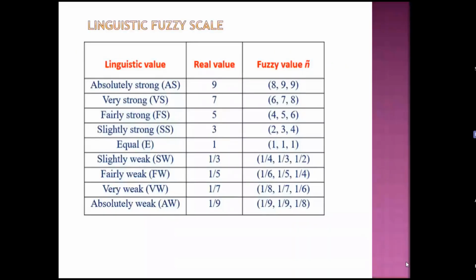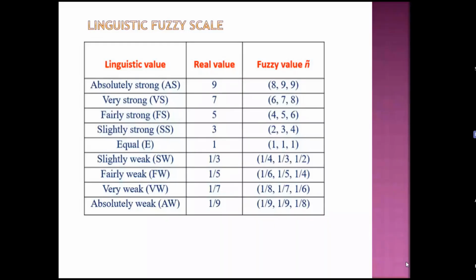So this is the scale which I discussed, the linguistic fuzzy scale, in which we have these values. You can see that in the real value there is only one value, and in the fuzzy value you can see three values. So in the fuzzy value there are more options.